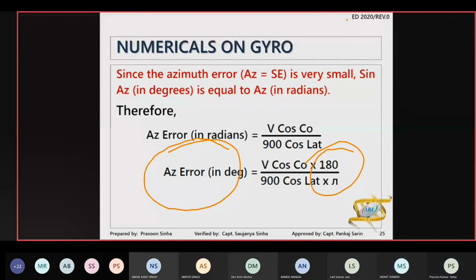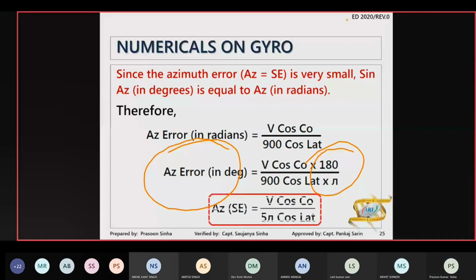So break it up little bit more. 900 and 180 degree, they are 5 times of each other's. So we have got 5 pi cos lat.